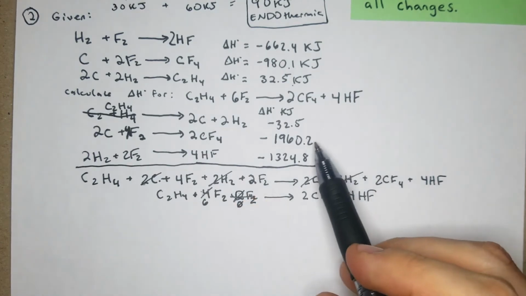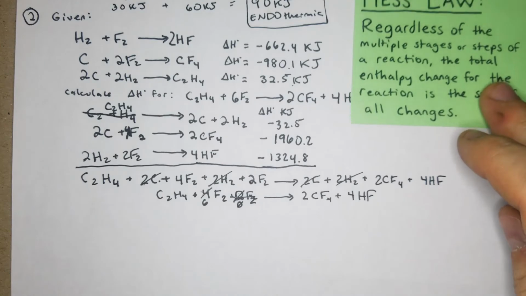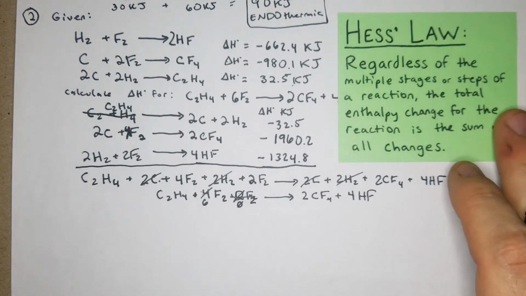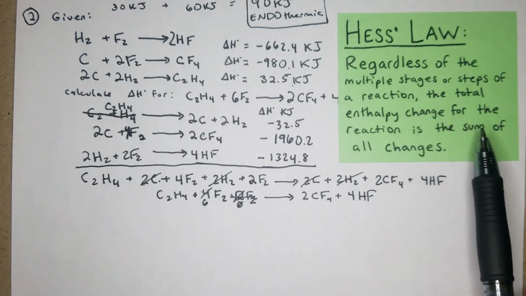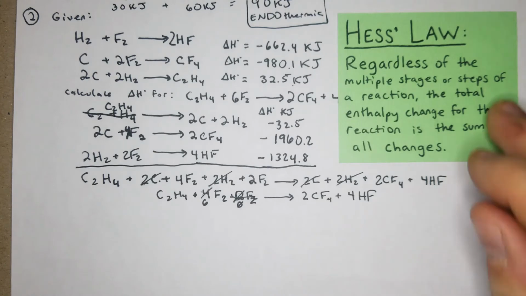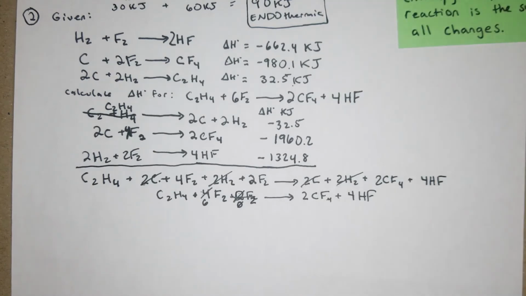And now we just have to get the sum, because Hess's law is the sum of all changes. And these are the changes that we chose to do. So I'll just do that calculation.